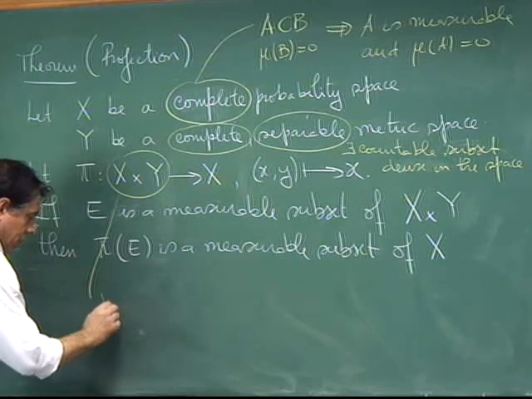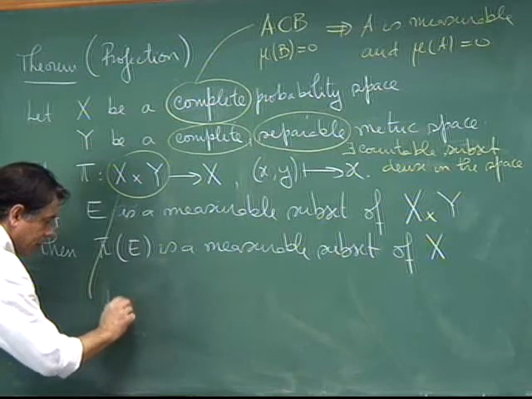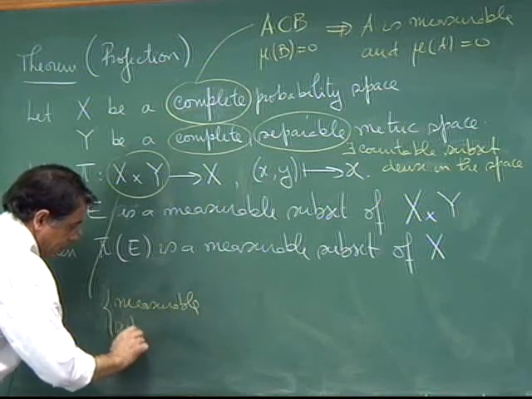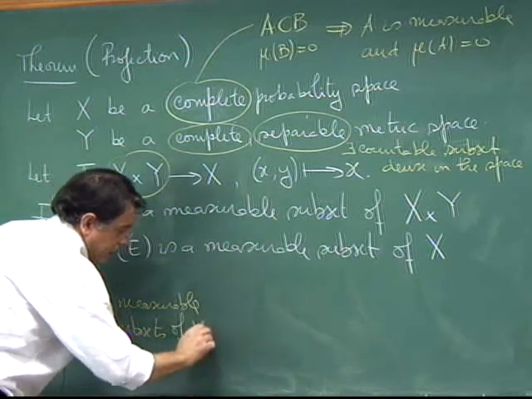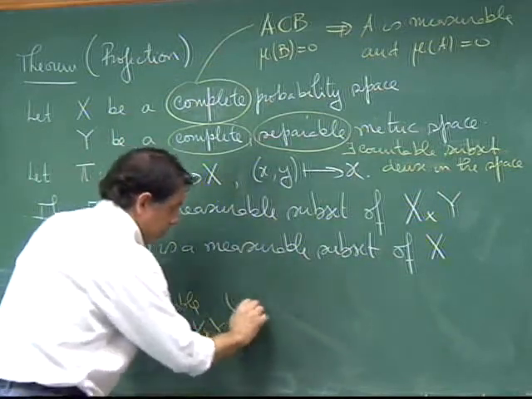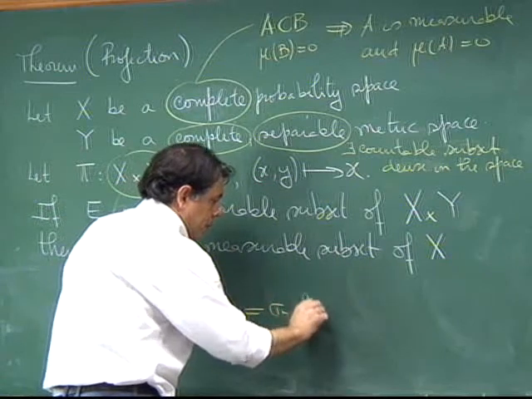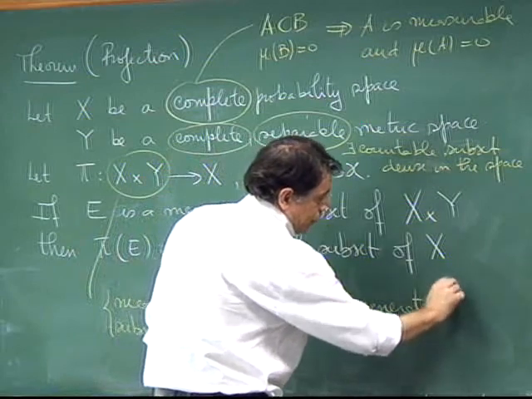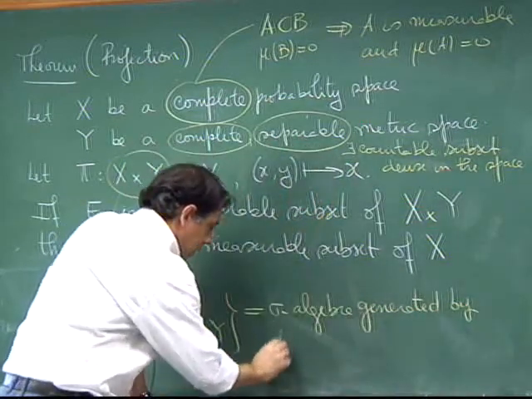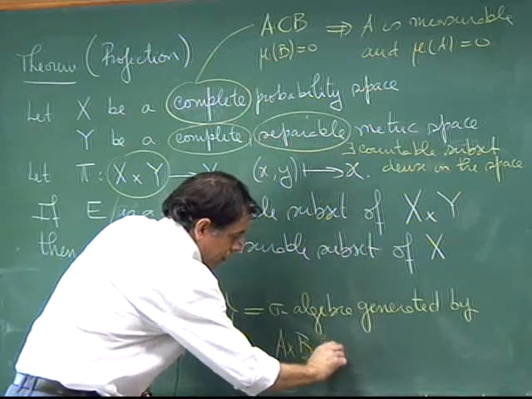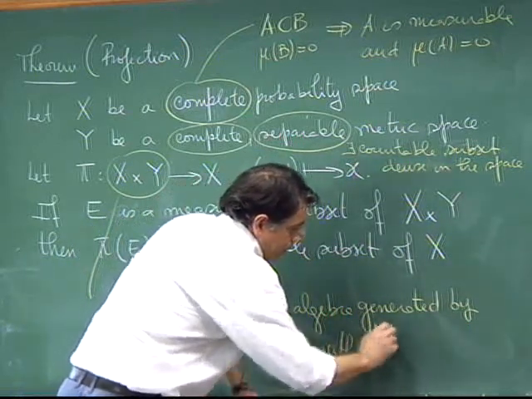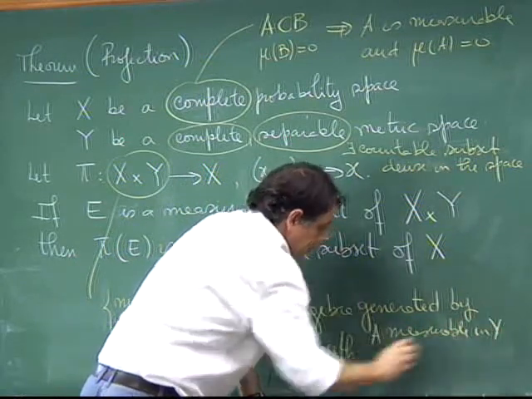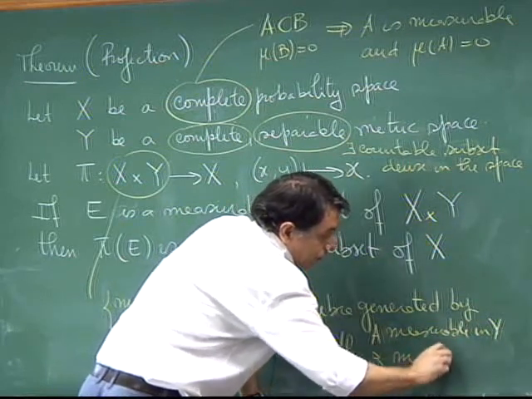The sigma algebra of measurable subsets of the product is, by definition, the sigma algebra generated by sets A times B with A measurable in X and B measurable in Y.